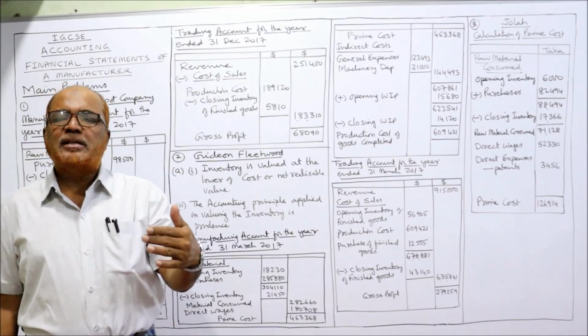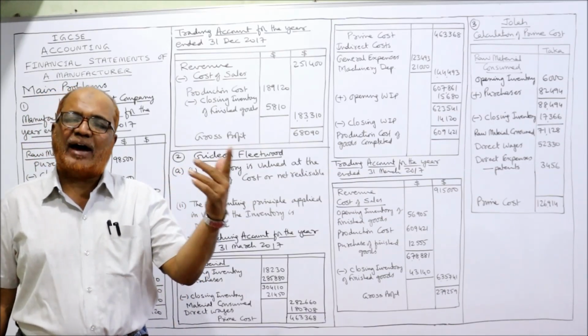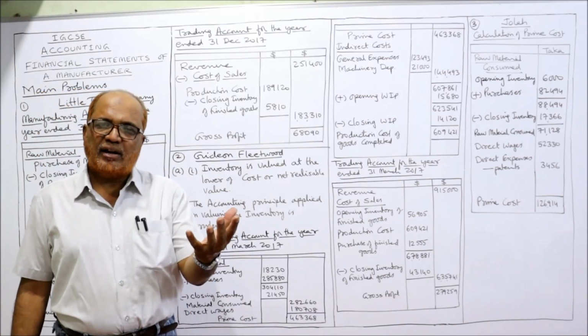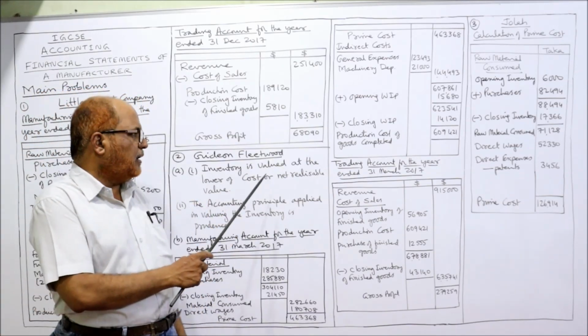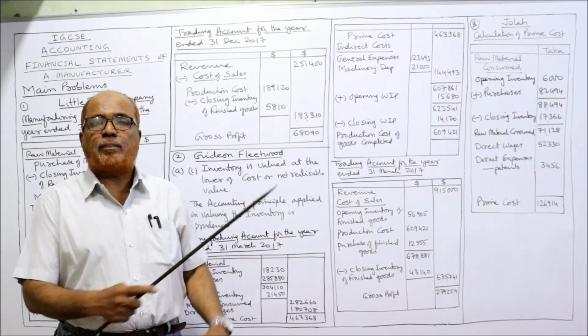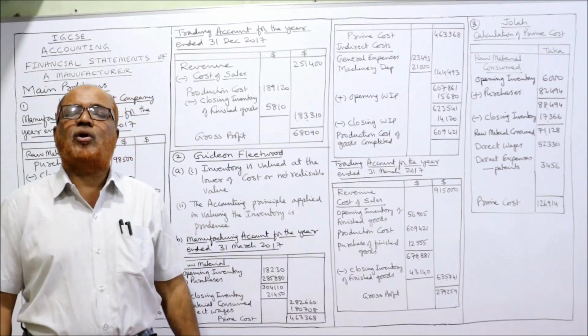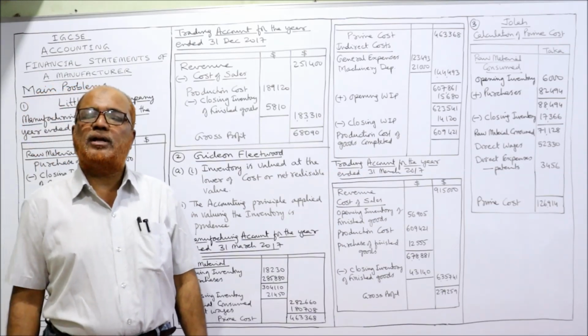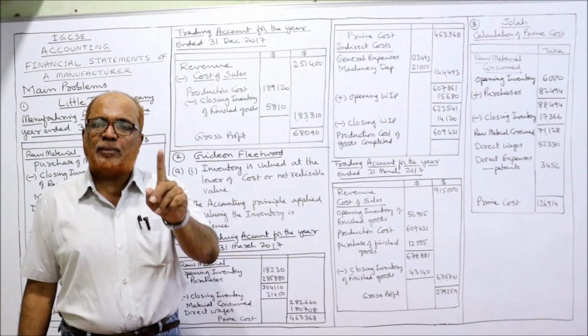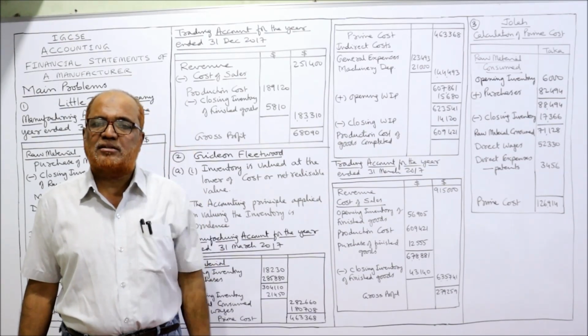Second question: which accounting principle is applied in valuing the inventory? Remember, for valuing the inventory, we are following the principle whichever is less, cost or realizable value. Why are we applying this principle? Because we are following the prudence accounting principle. According to the prudence principle, the profit should not be overstated.